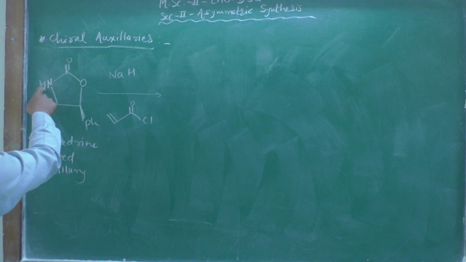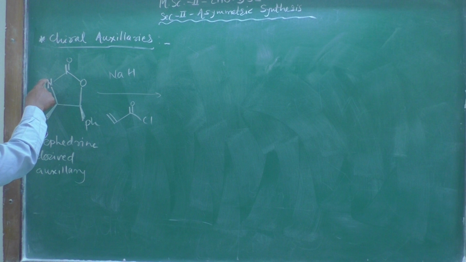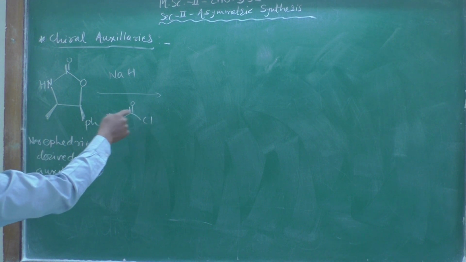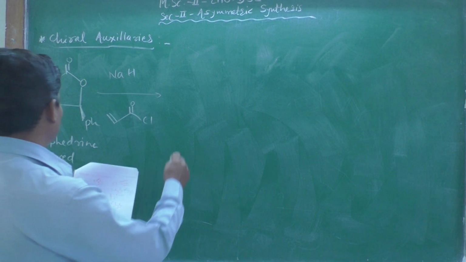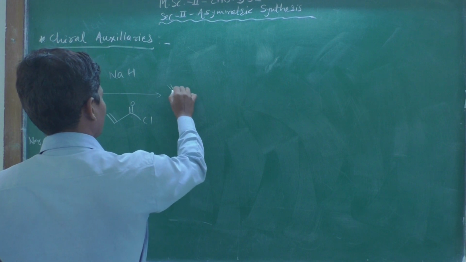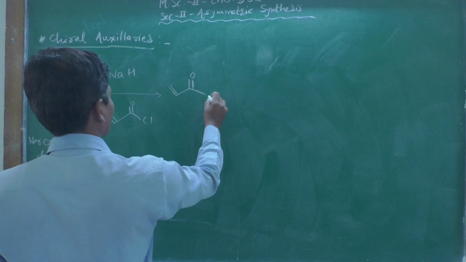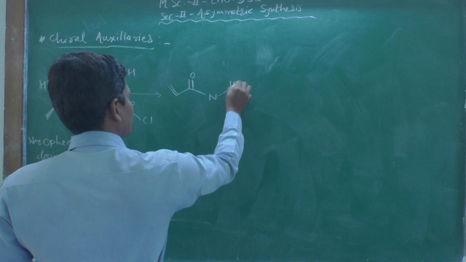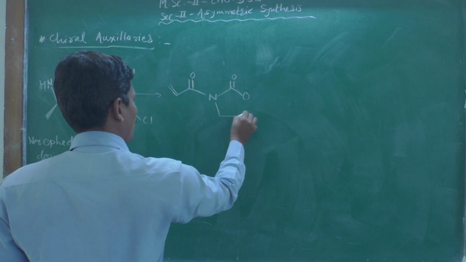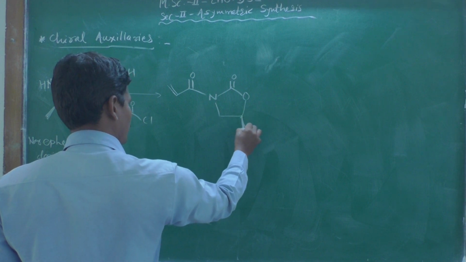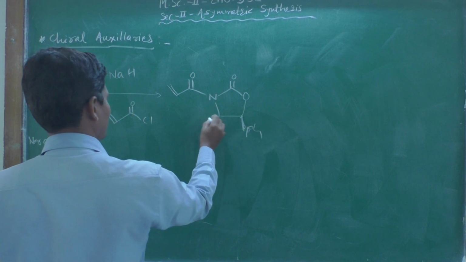The base abstracts this proton, and the negative charge on nitrogen attacks this carbonyl. A new amide bond is formed, and it will be like this: CO, N, COO, here a phenyl group, and here a methyl group.